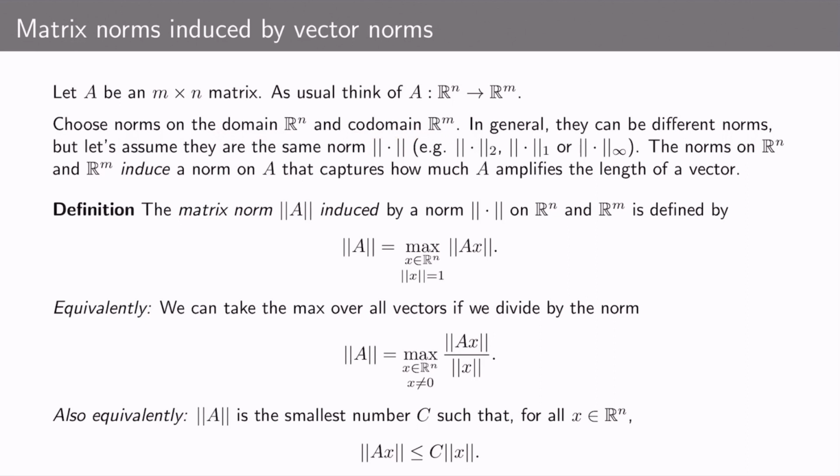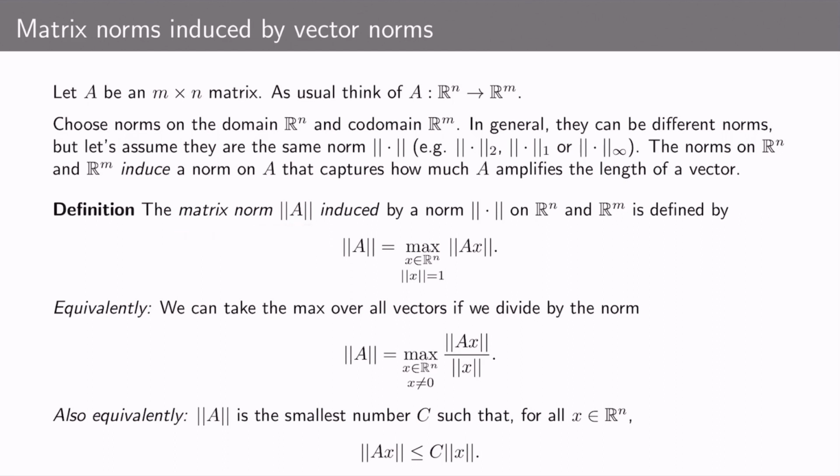So for example, on Rn and Rm, we choose the 2 norm, or on both Rn and Rm, we choose the 1 norm. So these norms on Rn and Rm induce a norm on A. And essentially, what this norm captures is exactly how much A will amplify the length of a vector in the chosen vector norms.